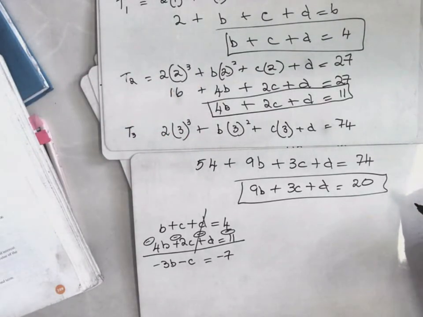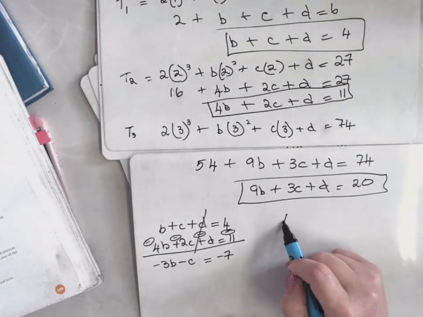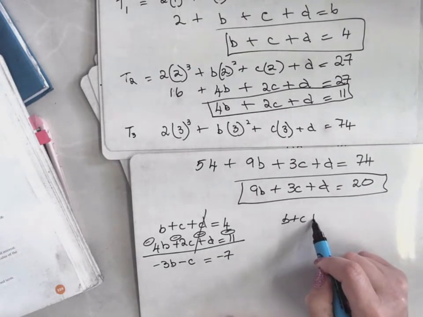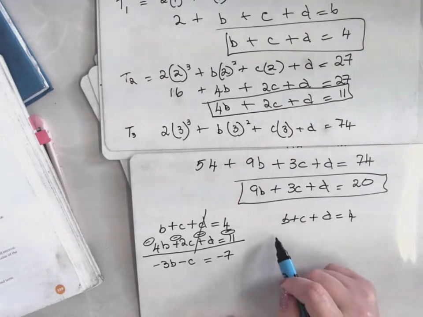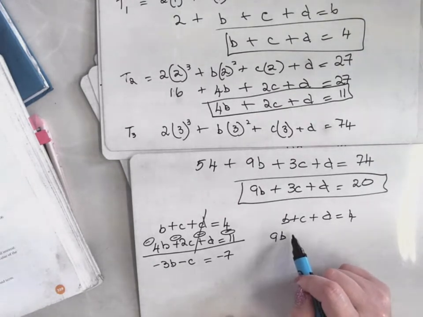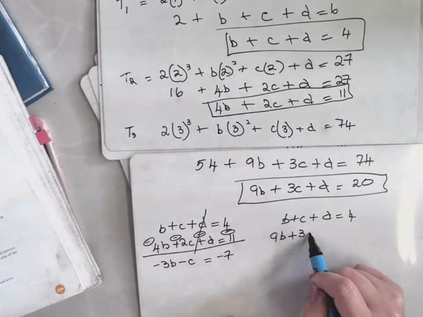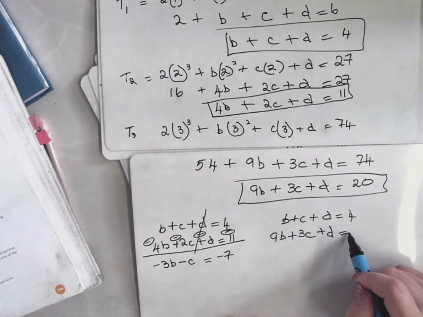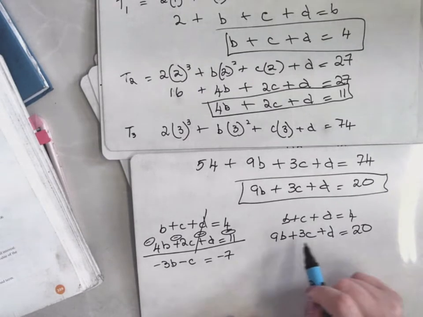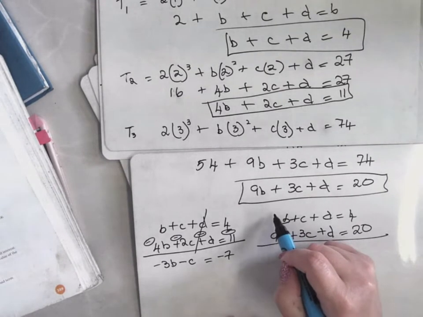Right, so I took 1 with 2. So now I either take 1 with 3 or 2 with 3. I'll take 1 with 3. B plus C plus D equals 4 is number 1. And number 3 is 9B plus 3C plus D equals 20, right? This time I'll change the top line.